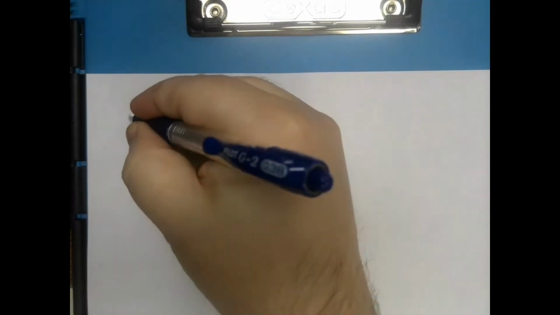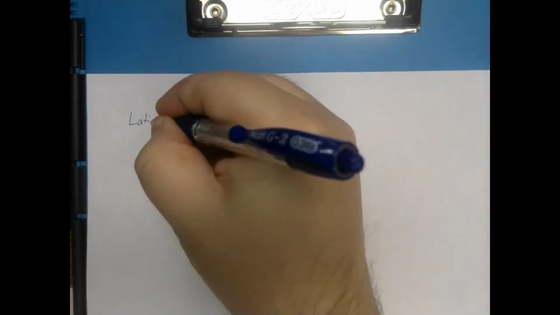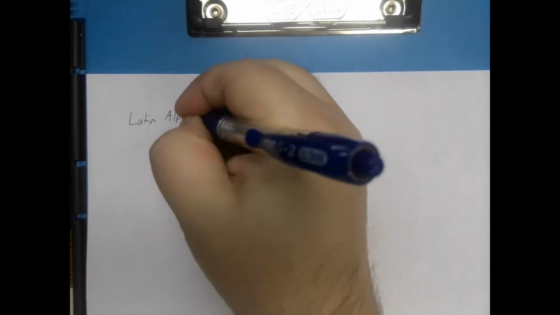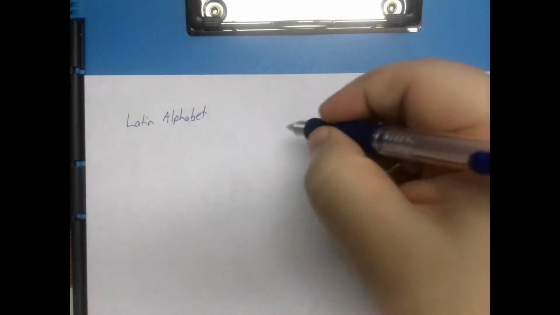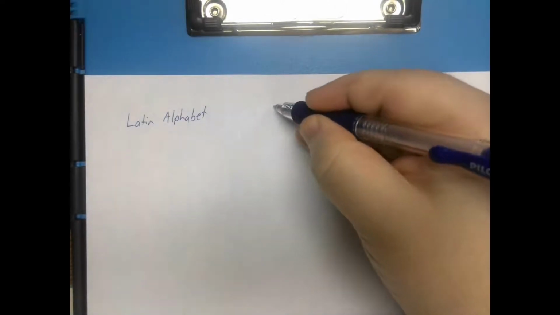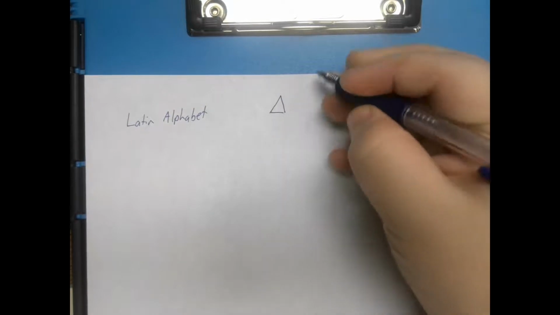And what language did the Romans speak? Latin. We use the Latin alphabet. So we use the same letters as people who spoke Latin used to use. Greek predates it. So here's the Greek letter D.